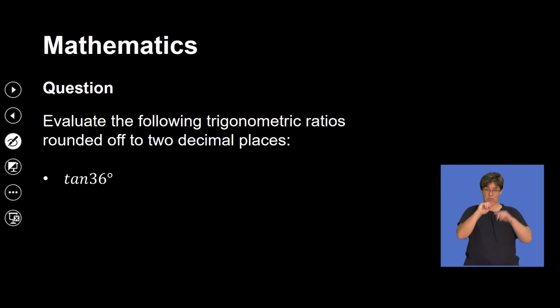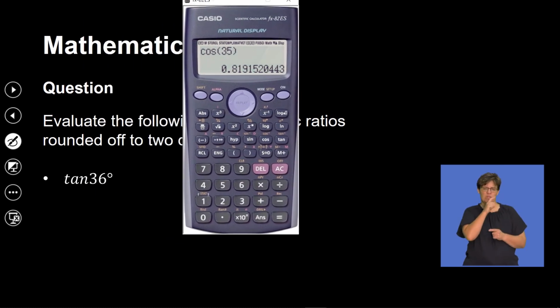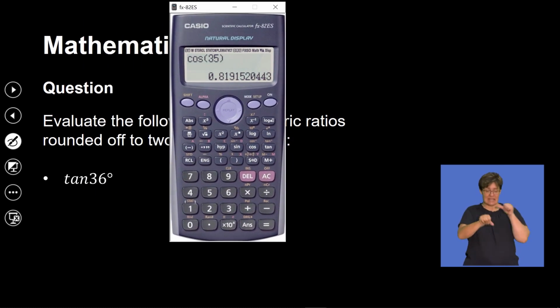Let's look at one more example. If I say to you, evaluate the following rounded off to 2 decimal places as well, you're always going to go to your calculator. It doesn't really matter which calculator you are using, as long as it's a scientific calculator. You press your tan there, and tan 36, close the bracket, and then one thing that I know people normally ask is, how do I write the degrees up there?